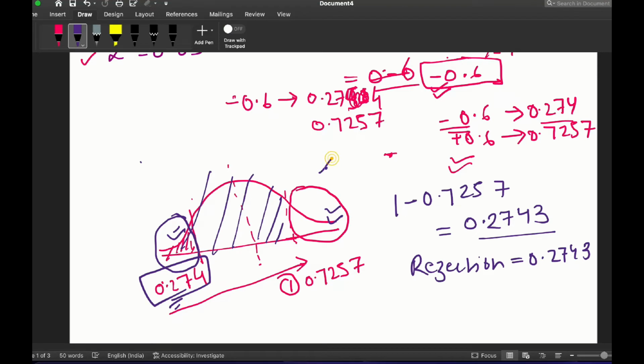And also you know this is alpha by 2, because in the two-tailed test alpha is divided by 2, so it is 0.025.